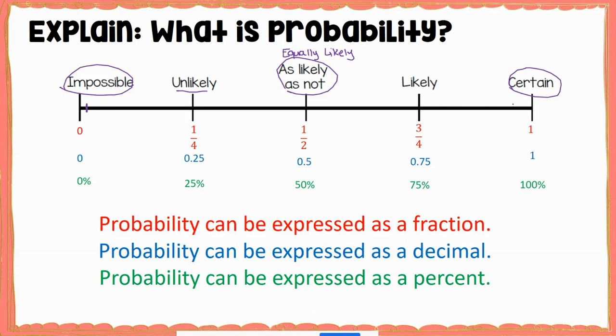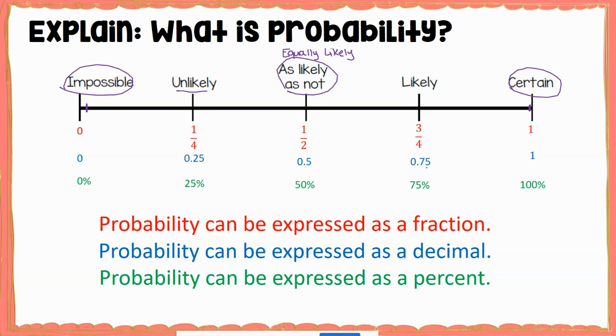That's just like saying something has a 99.9% chance of happening. It's still right here next to 100%, but it is not there unless it is exactly 100%. So that would be likely. So you need to know that anything between 0 and 50% is unlikely, and anything between 50% and 100% is likely.